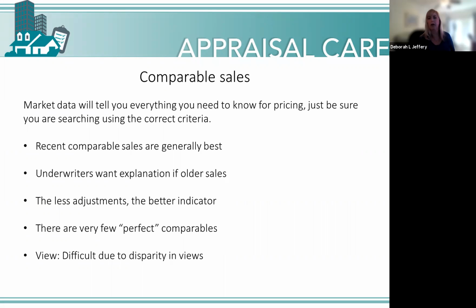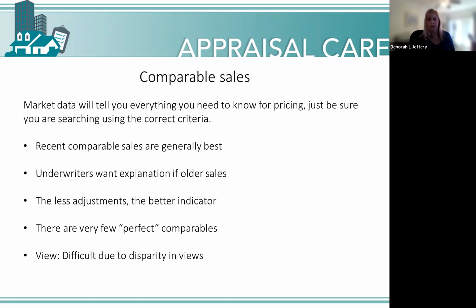So we're trying to compare, ideally, two exact same homes. Let's say one has a view and one doesn't, and then that's going to be your view adjustment, right? But a lot of times there are so many other differences in the two homes that it can be very difficult to pinpoint exactly how much we adjust for the view and how much we adjust for these other things.